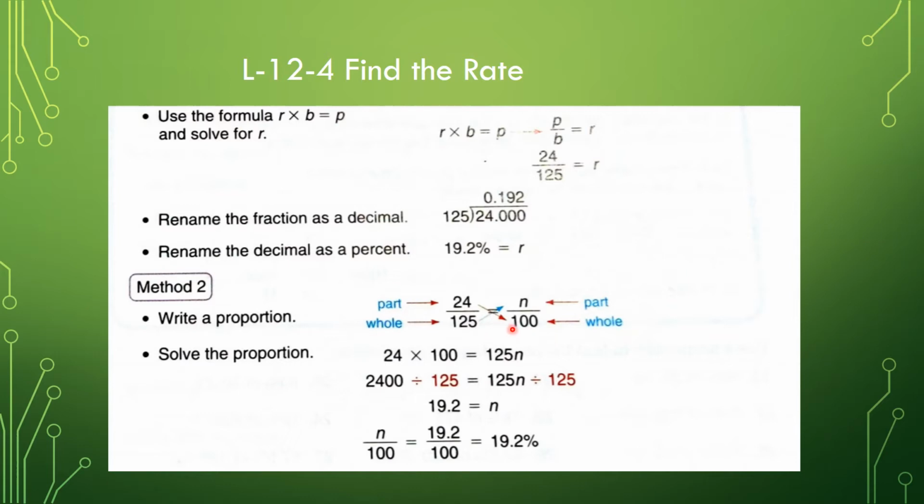Then cross multiply: 24 multiplied by 100 and 125 multiplied by n. Your aim is to find n, so divide both sides by 125. N is equal to 19.2% again. I think it is clear for you.